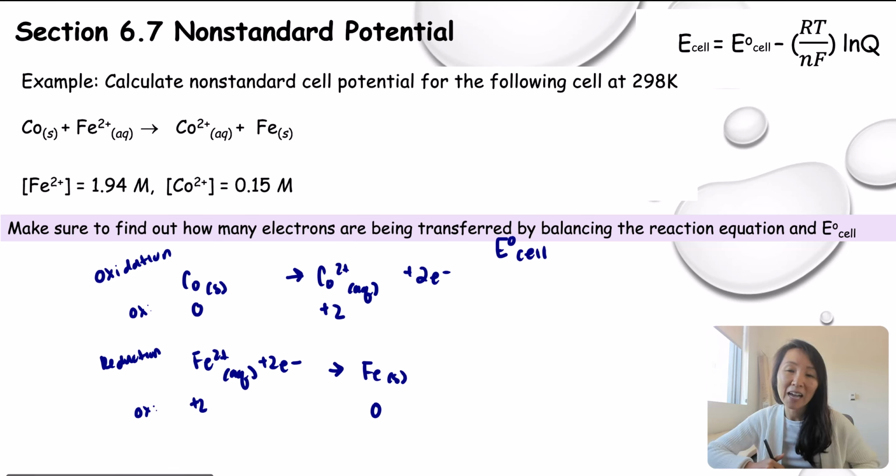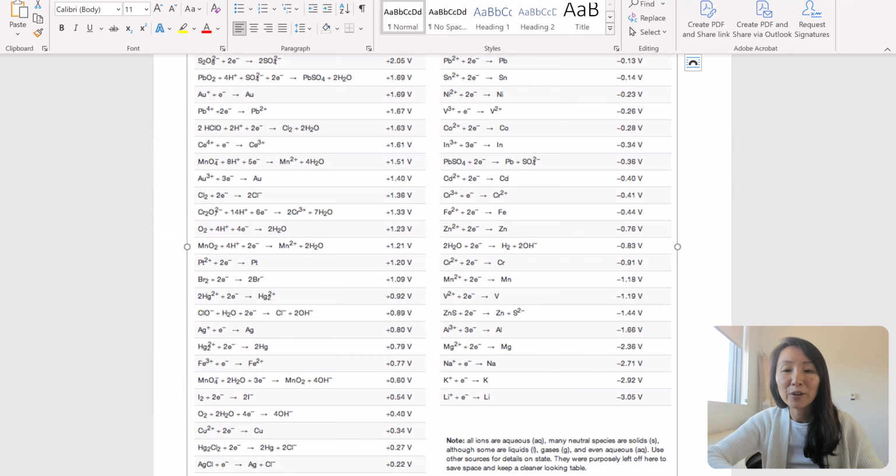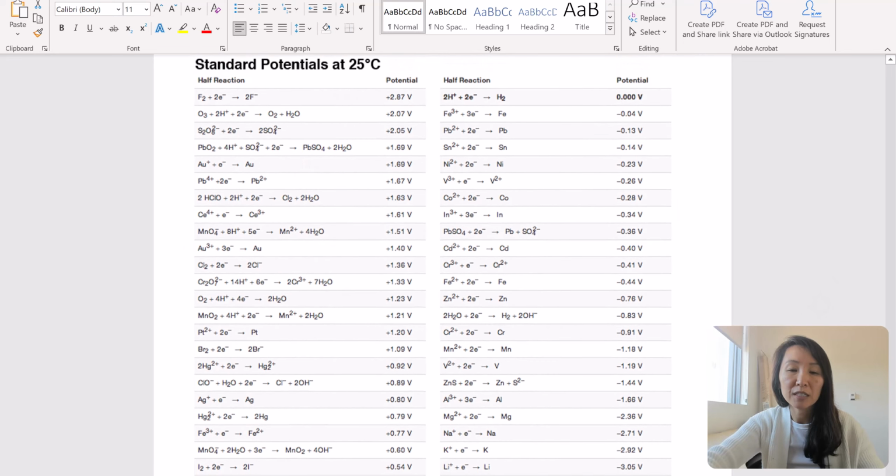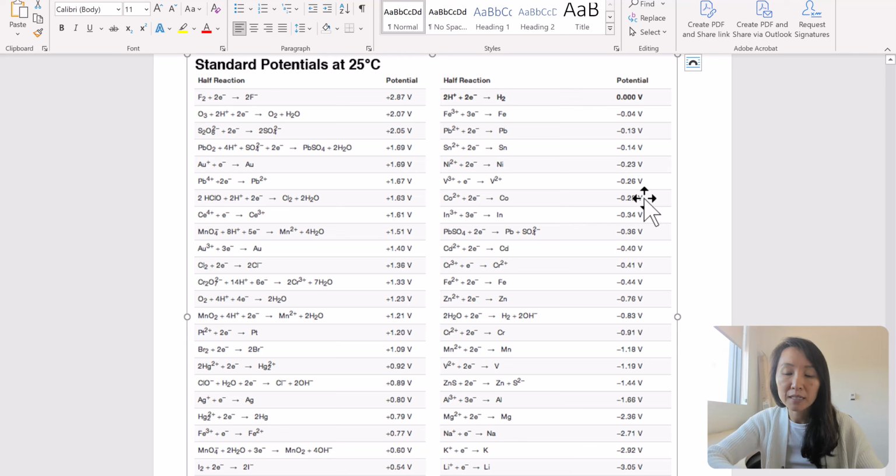by looking at the cell potential chart in the reference sheet. This reference sheet shows the standard potentials at 25 degrees, and the cobalt is here. But this cobalt is shown as going through a reduction process.